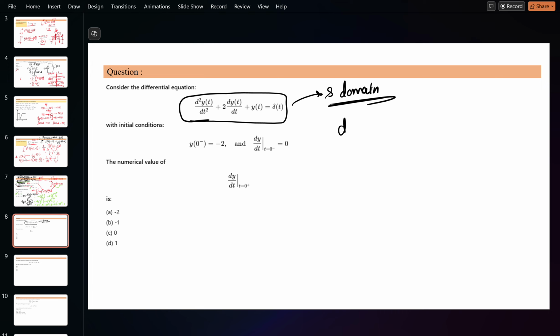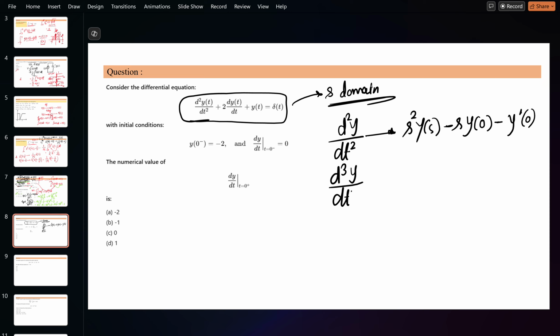If you see d square y by dt square, replace it by s square Y(s) minus s y(0) minus y dash 0. This is the standard form. If it is d cube y by dt cube, in that fashion s cube Y(s) minus s square y(0) minus s y dash 0 minus y double dash 0.